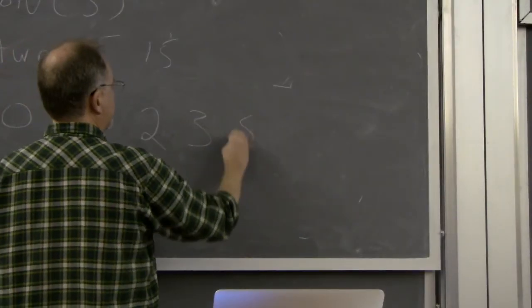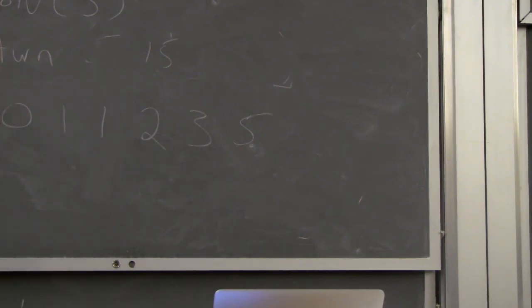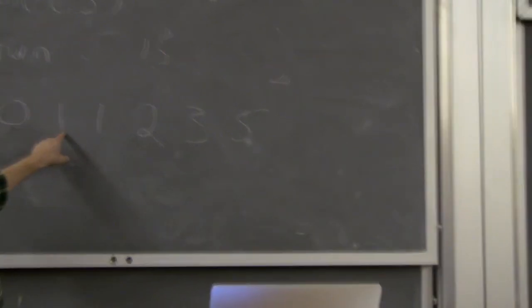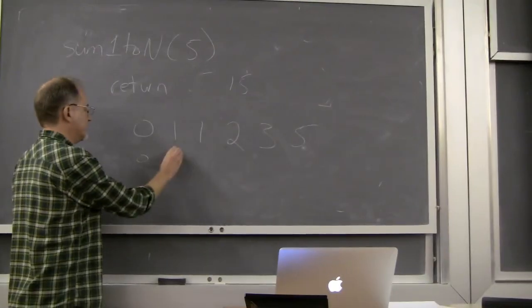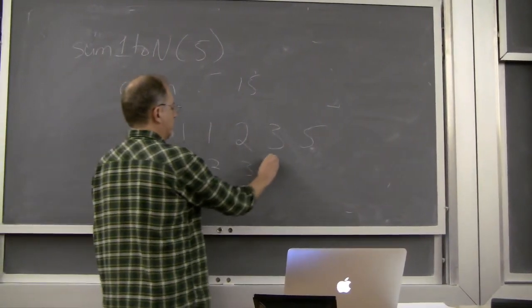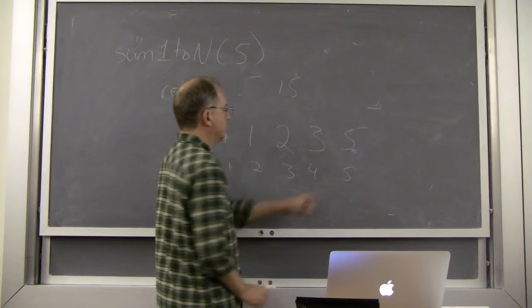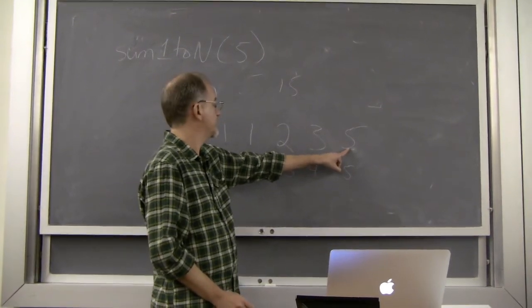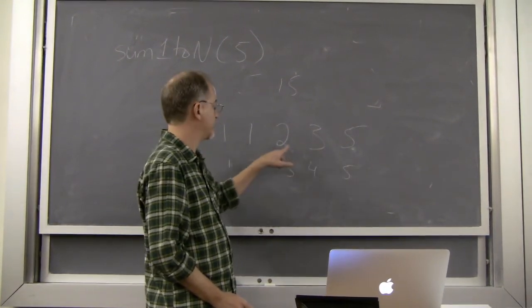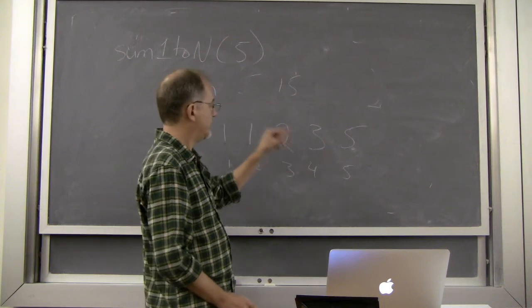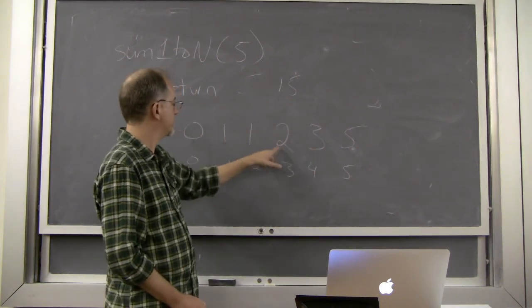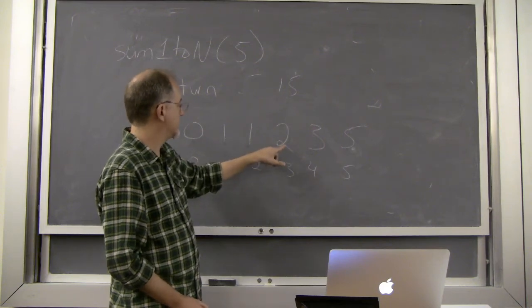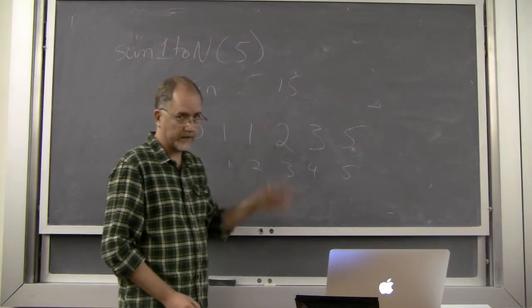This is 5, but 0, 1, 2, 3, 4, 5, oh, counting from 0, okay. So this is the 0th number, the first, second, third, fourth, fifth. So fib of 5 was equal to fib of 4 plus fib of 3. And how do we know what fib of 4 was? Well, fib of 4 was equal to 2 plus 1. And 2 is equal to 1 plus 1, and so on.